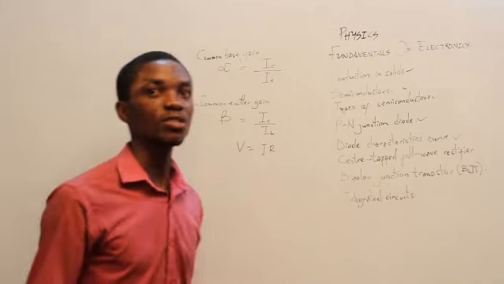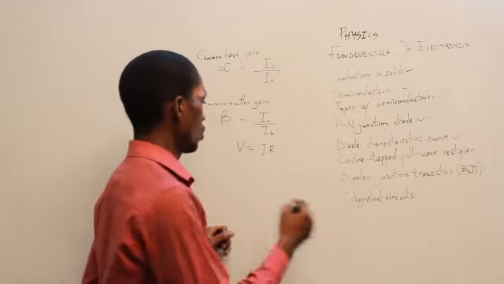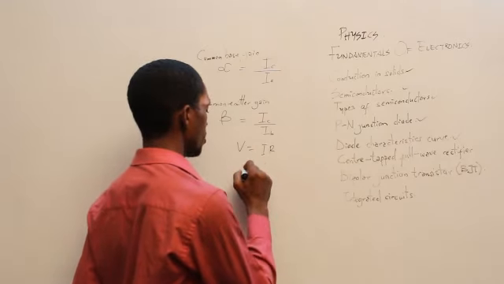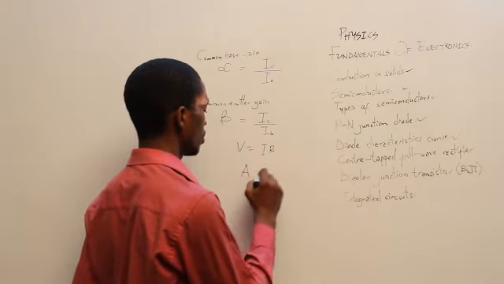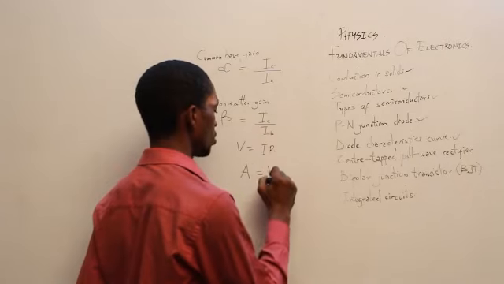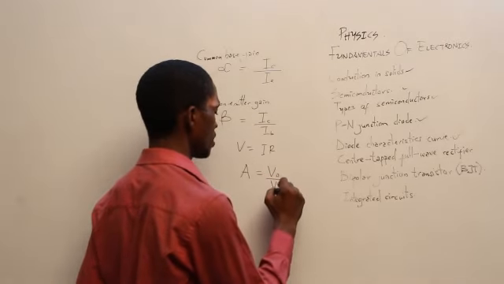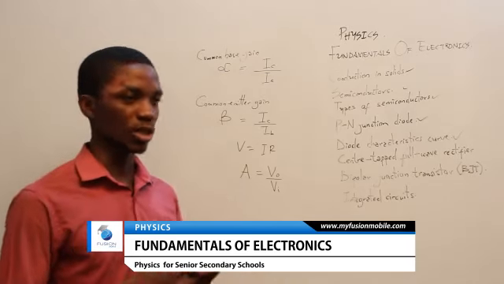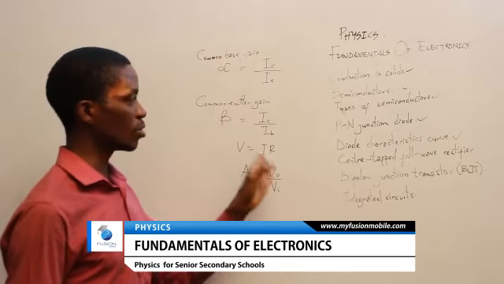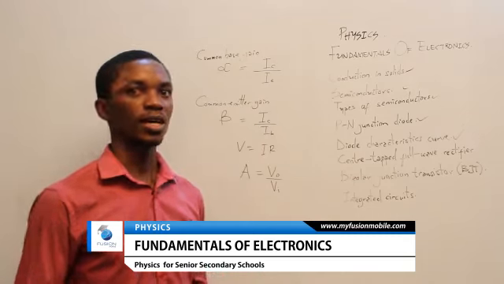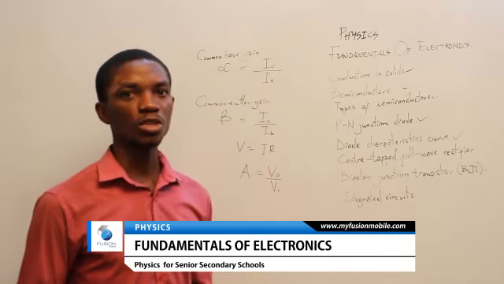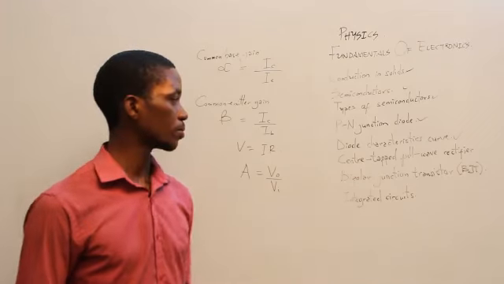But generally, whichever one it is, we can always calculate our voltage amplification as V out divided by V in, voltage out divided by voltage in. You calculate it based on whichever one you are using, and the value of your I would remain the same for your voltage amplification.